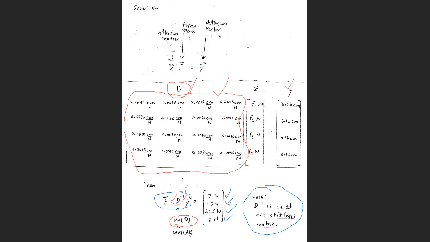And if you have those deflection values in a matrix D, then you might say, well, what if I wanted to apply different forces at 4 points on the beam? What would my deflections be?